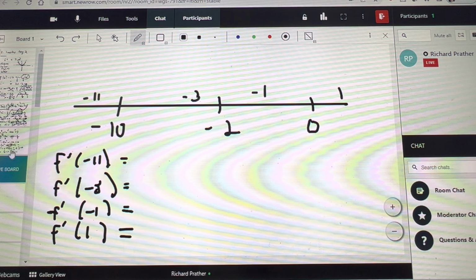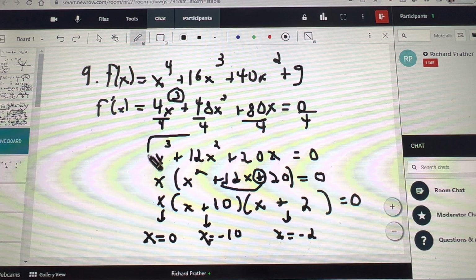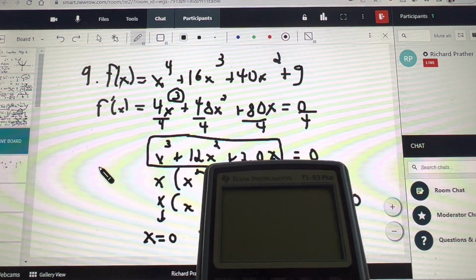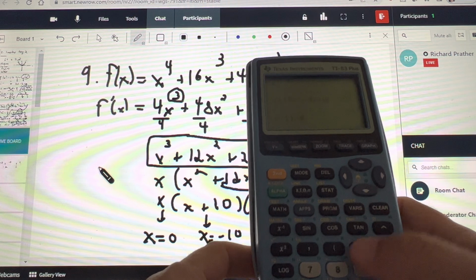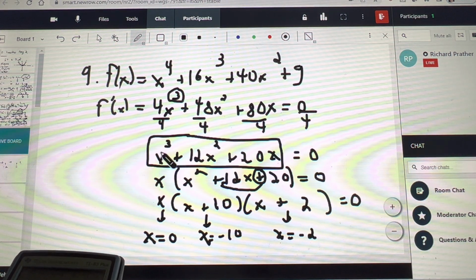And this is where it can take a while if you have to plug and chug away at this. And it'll be the same whether I plug it into the complicated one or the simpler one. So I'm just going to use the simpler version. And if I do -11 first, it'll be parenthesis -11 parenthesis to the 3rd power. For right, I'm plugging -11 in right there.